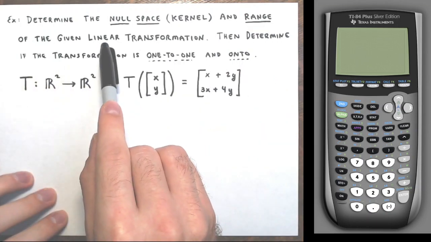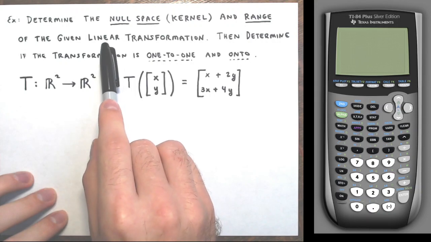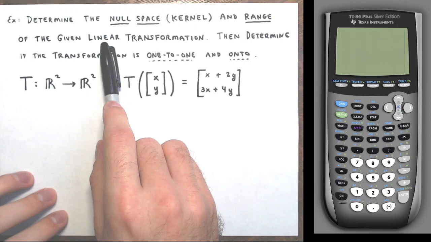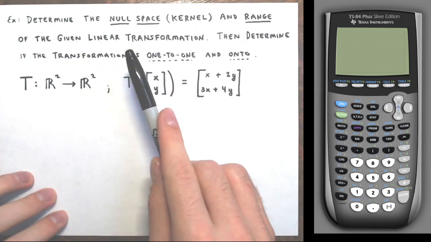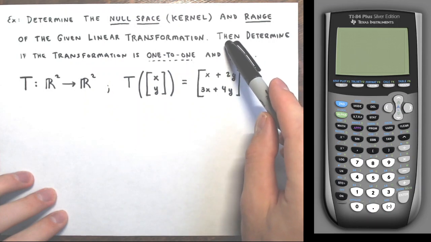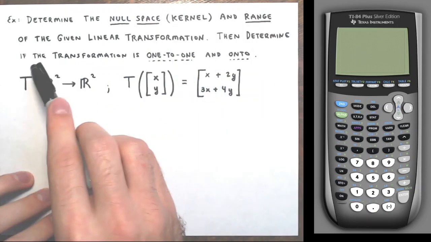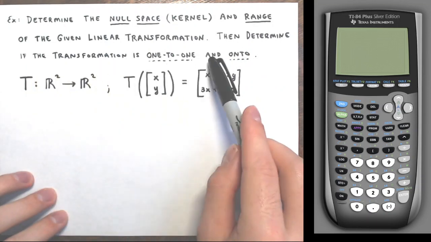Now we're given that these transformations are linear, so I don't need to check for the additivity or homogeneity properties. They are holding. Then, after finding these spaces, determine if the transformation is one-to-one and/or onto.